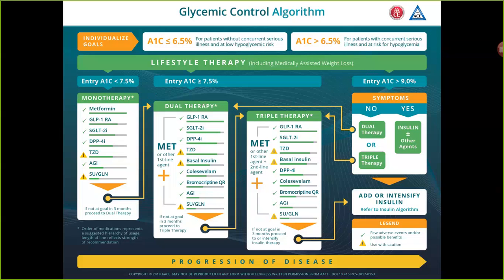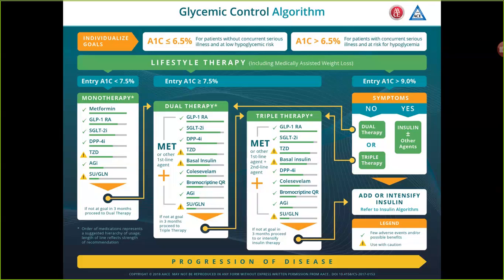If their entry A1c is greater than or equal to 7.5, they say to go ahead and start dual therapy, and it tells you what to do. So metformin plus another agent, and they have the GLPs as the second-line medication recommendation.